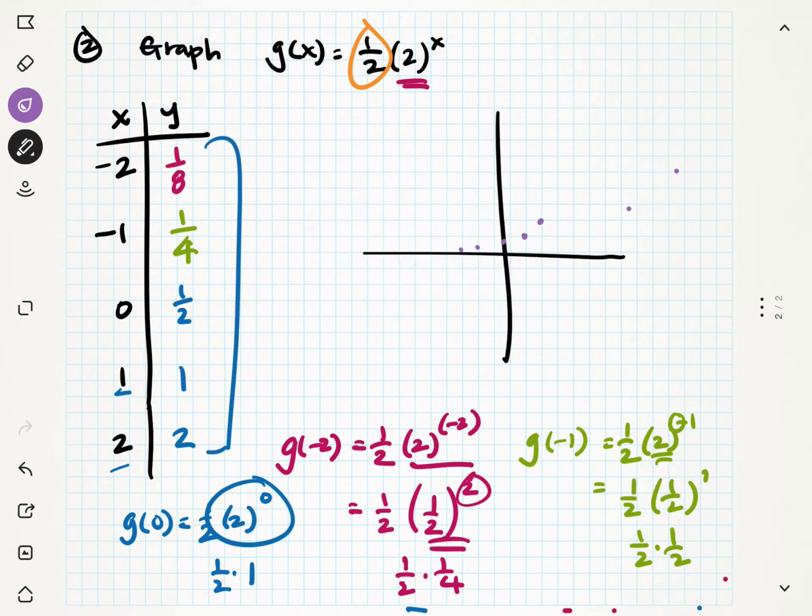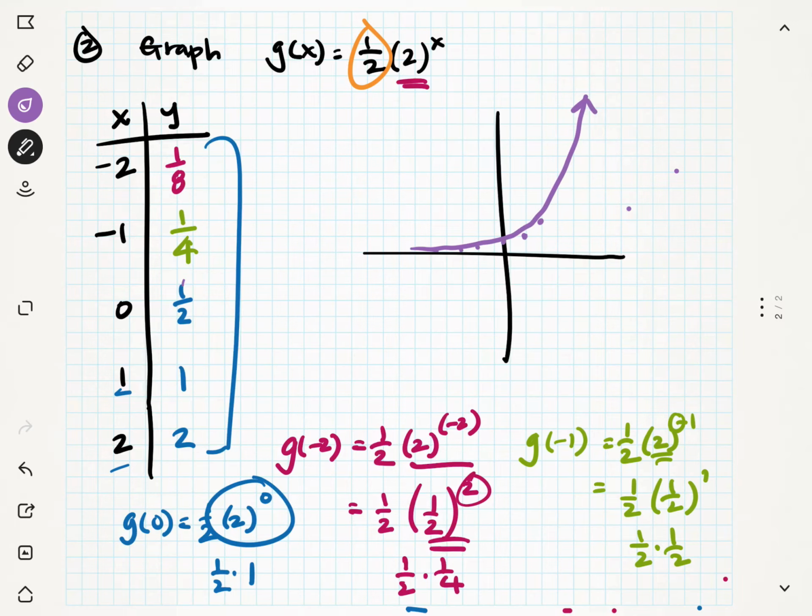And then 2, 2, that's a little bit higher. And then if you plot it, you'll see that we have something that looks like this. All right, so all we're doing is doing our table. We're plotting our points using that point button in Alex, and then we're using that graphing button to connect the points and make an exponential function.